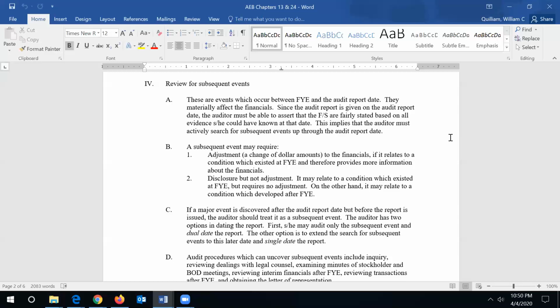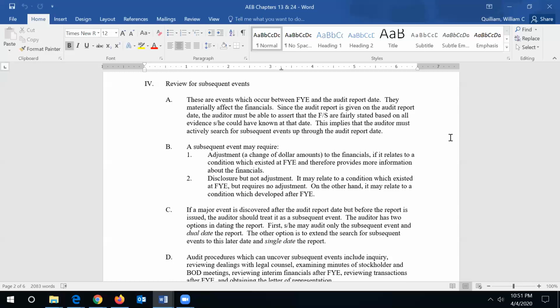But the other thing may be disclosure but no adjustment. So the subsequent event may relate to a condition which existed at fiscal year end but required no adjustment. So just more information. On the other hand, it may relate to a condition which developed after fiscal year end. So let's say that for that customer, the client who declared bankruptcy in January or February, there had been no account receivable as of 12/31.